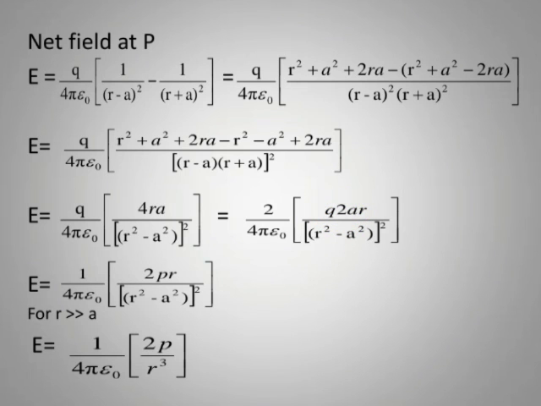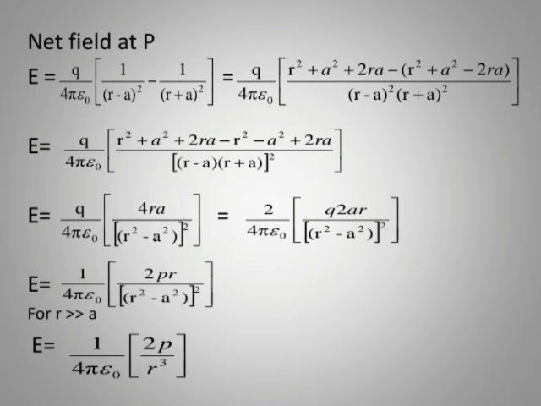It is the formula of the dipole moment, no? So q charge into the distance of the dipole, 2a, it is p. So instead of 2qa you're going to write p, and this 2 comes over here.